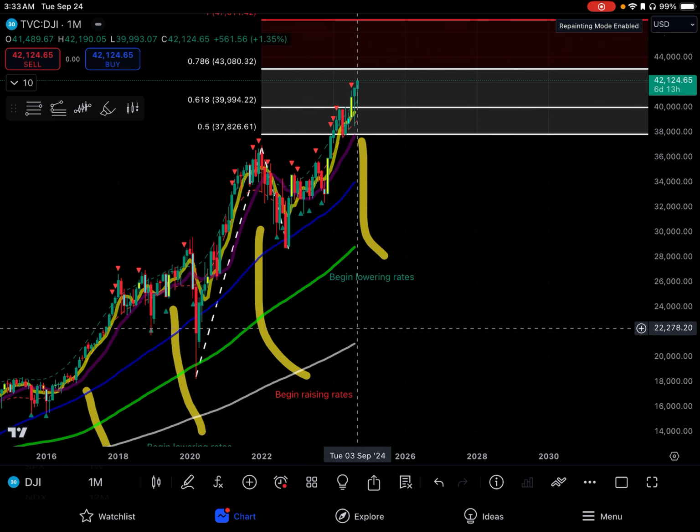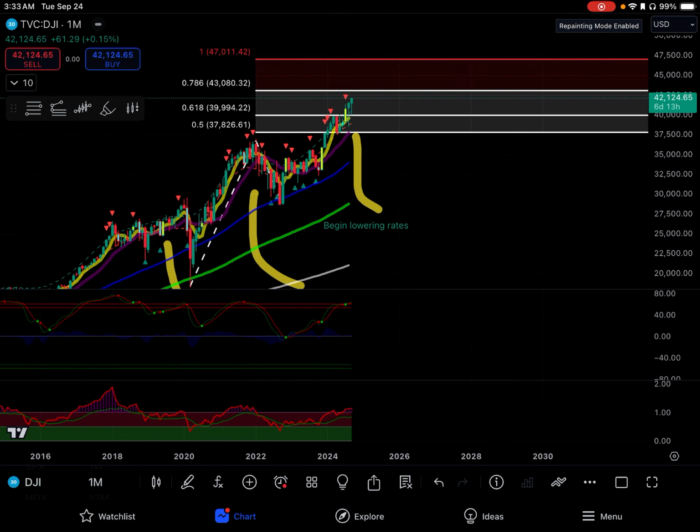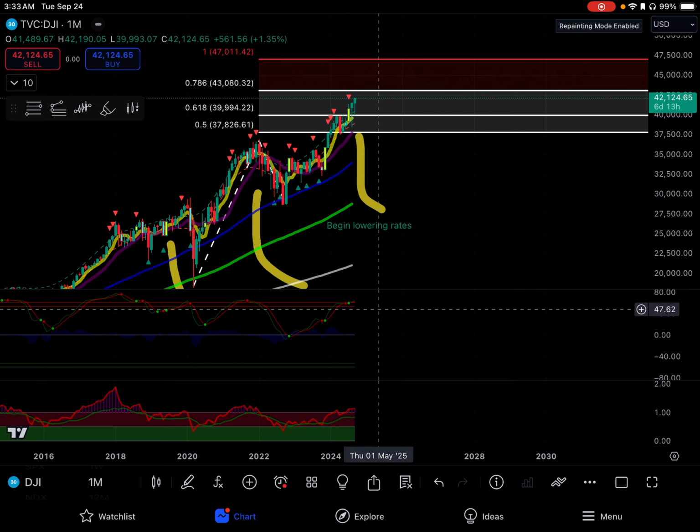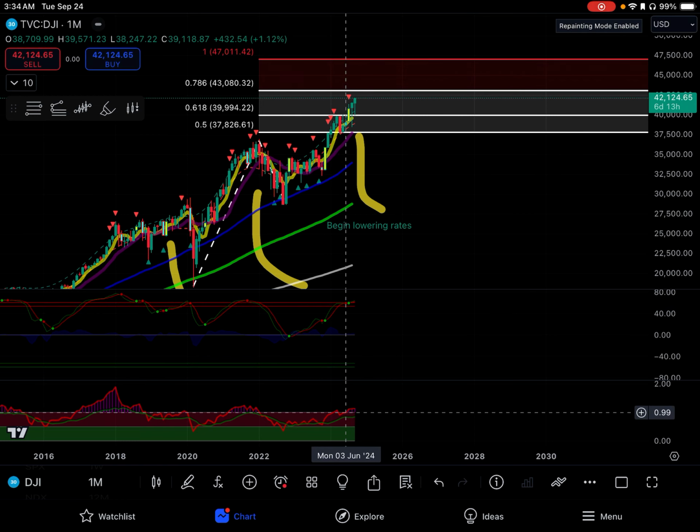So I think it kind of supports my theory that we are in an oversold condition on our oscillator. Our cycle's at the max as well. And typically when we see these, we're due for a pullback.